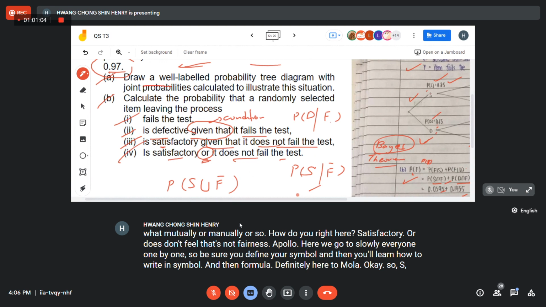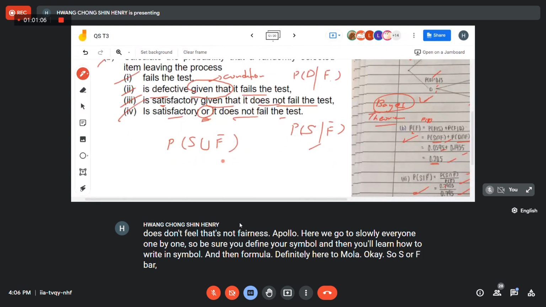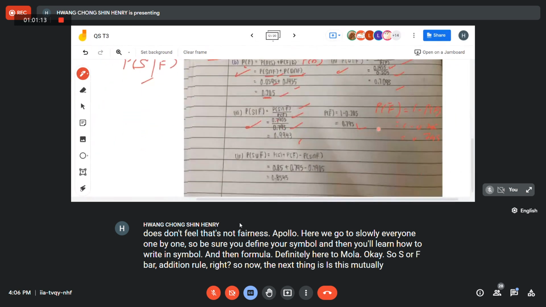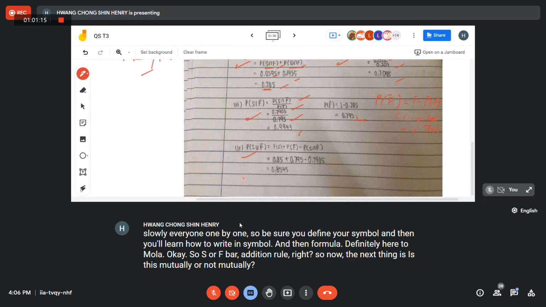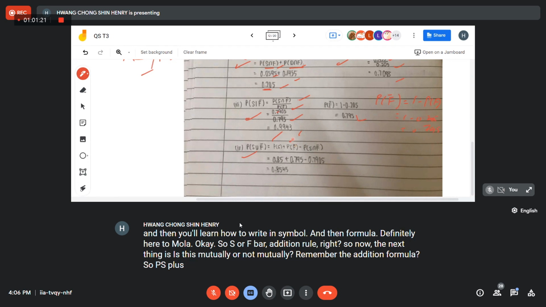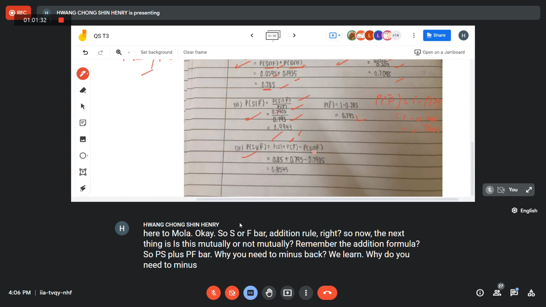So S or F bar, addition rule, right? So now the next thing is, is this mutually or non-mutually exclusive? Remember the addition formula? So P(S) plus P(F bar). Why do you need to minus back, Wilan? Why do you need to minus this one?